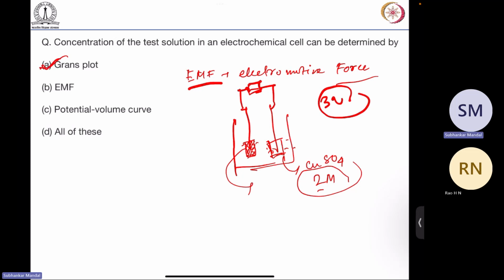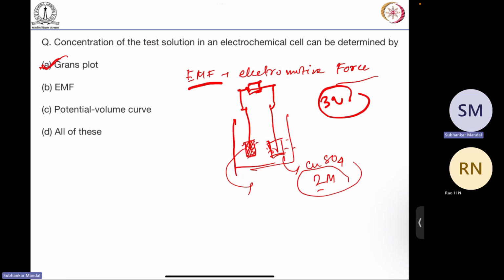EMF, basically, gives you only the voltage between the two electrodes.